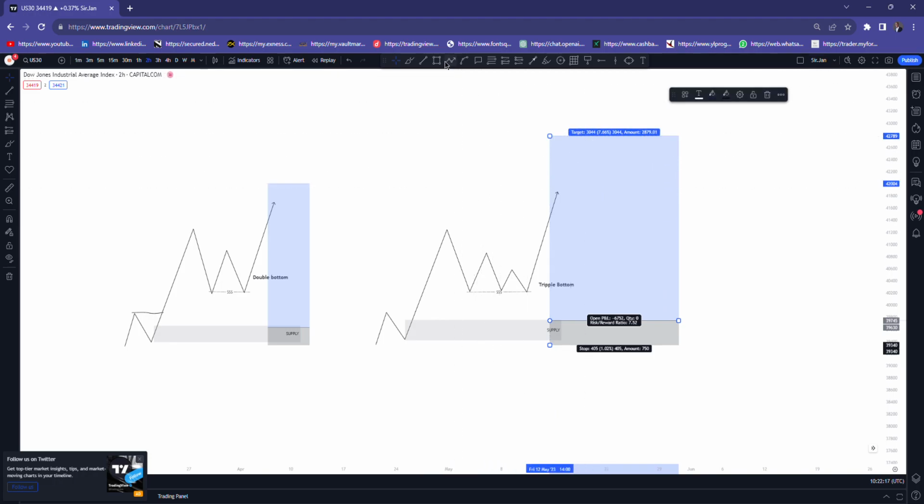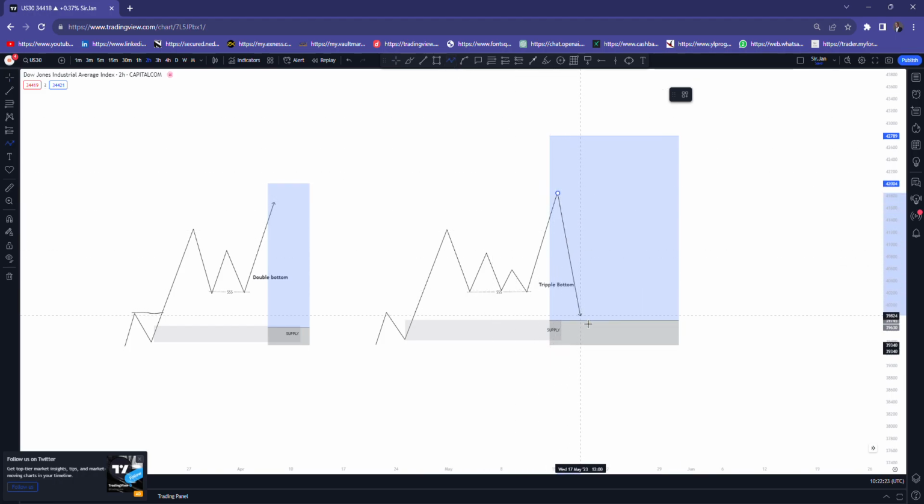Then the price does what it does best. It comes, sweeps all the liquidities, then it continues. You are in a trade, all the liquidities were swept, then boom, you are in trades.